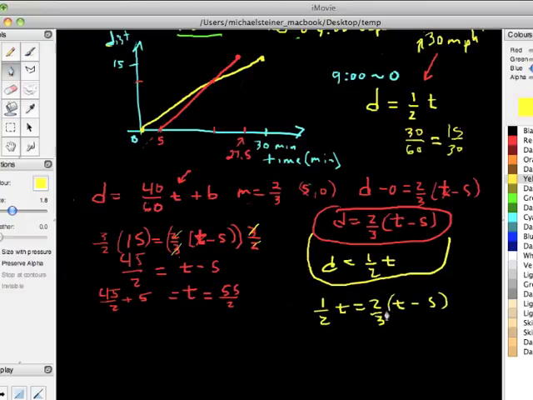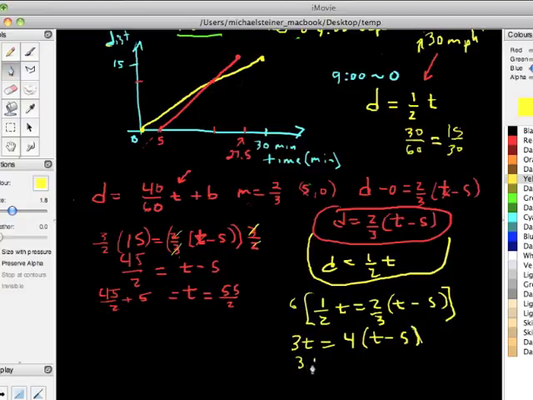And multiplying everything by 6, because we don't really love fractions. I mean, we like them, but we don't love them. 6 times 1/2 t is 3t. 6 times 2/3 is going to be 4 times t minus 5. Do not distribute that 6 over more than just one side.